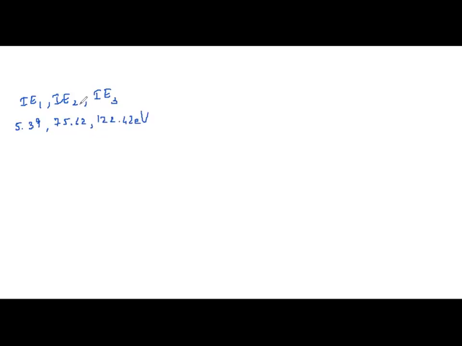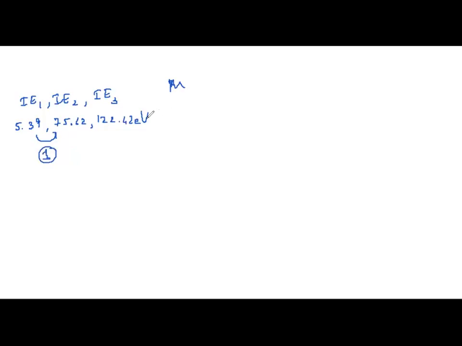If these are the ionization energies of a certain atom M, since the values show a sudden jump from 5 to 75, it indicates that the number of valence electrons in the atom is only 1.